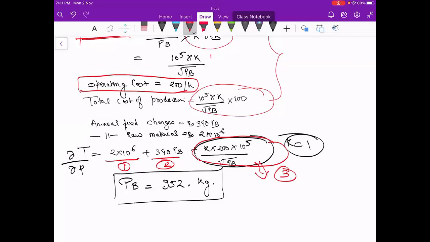GATE 2015 was one of the toughest papers. I gave that paper, and I had the benefit that the question paper was hard. Those who have studied well benefit, because most students come under pressure, make silly mistakes and lose marks. When I gave the paper, I thought I would not even clear the cutoff, but when I came out of the center, I found that the paper was so tough for all.